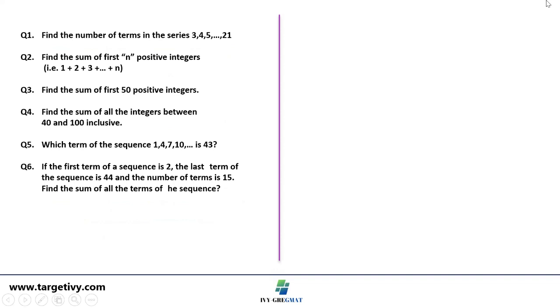Question number 1. Find the number of terms in a series, that means Tn, in a series which looks like this: 3, 4, 5 till 21. So the series starts with this number, ends with this number. So the first term a is equal to 3, or T1 is equal to 3. Tn is equal to 21. What is the difference between them?